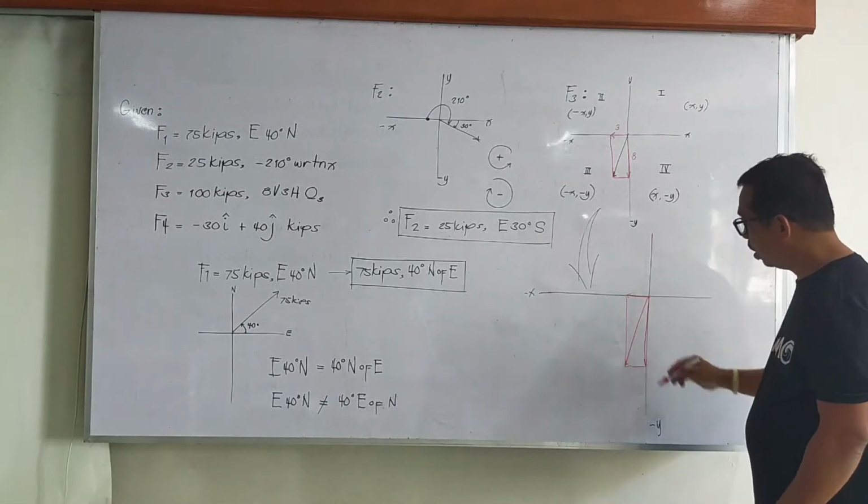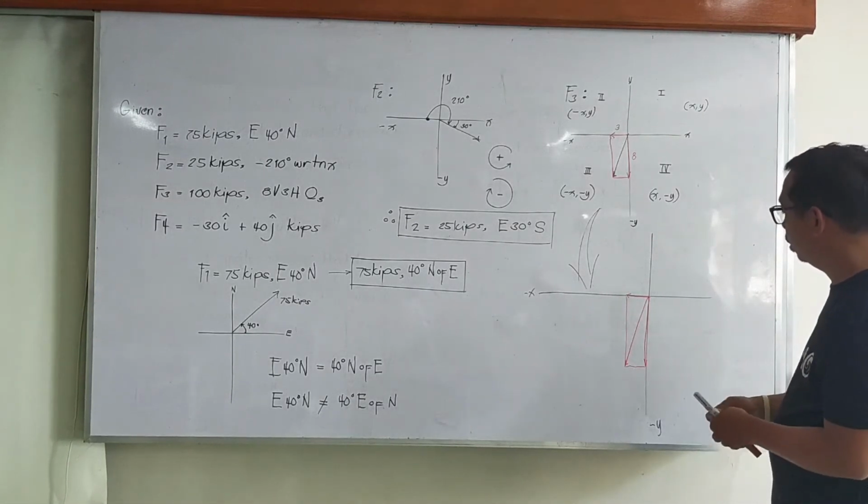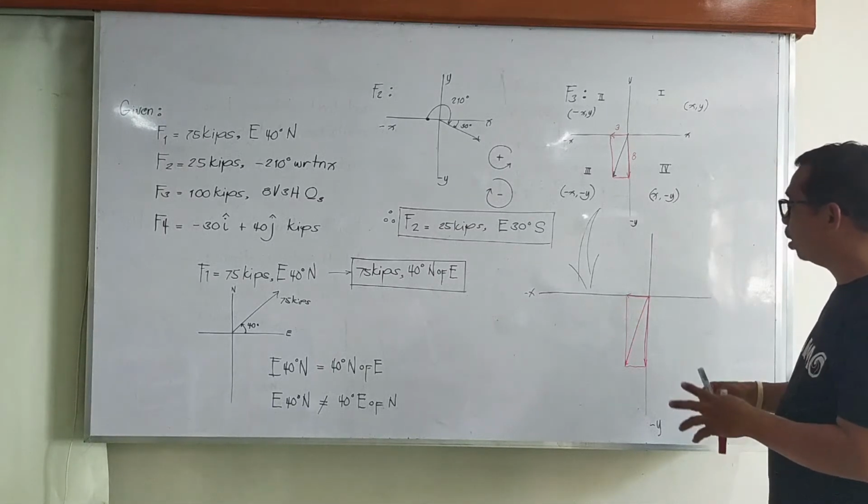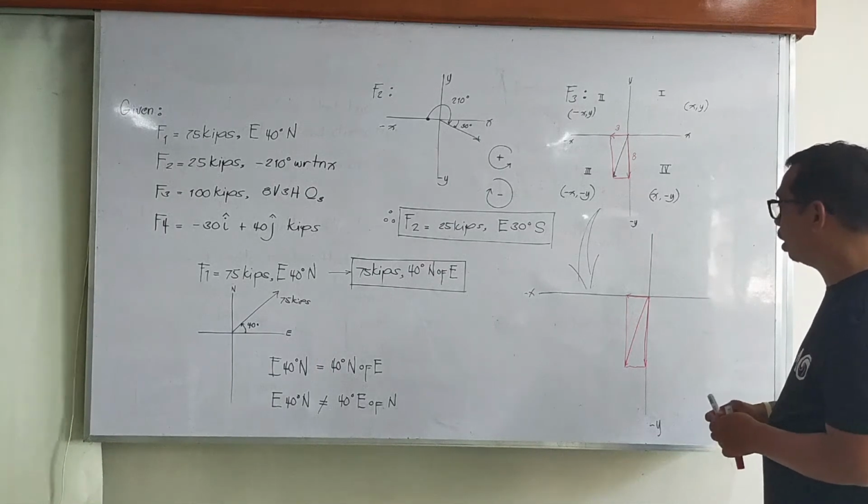Tapos, kukunin mo yung hypotenuse. Masasabi natin na may dalawang triangles tayo na po. Dalawang right triangles na po.